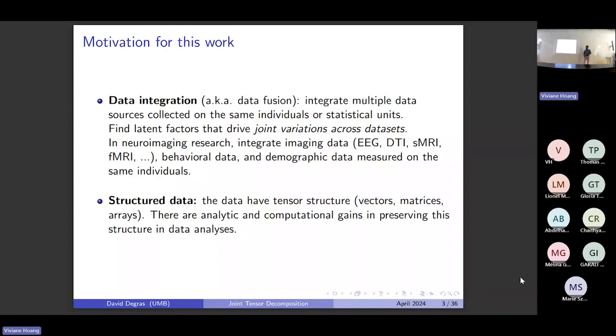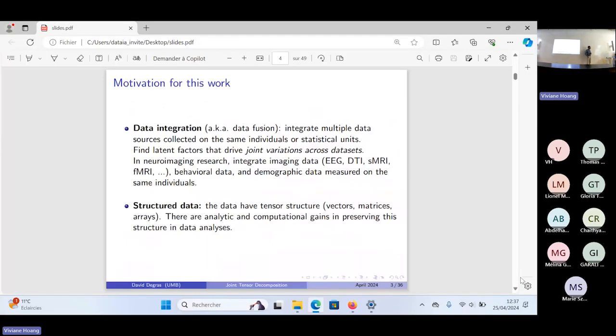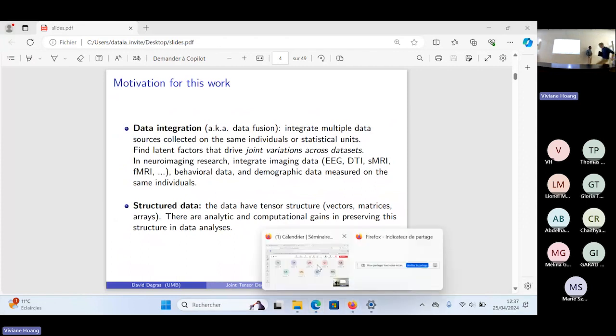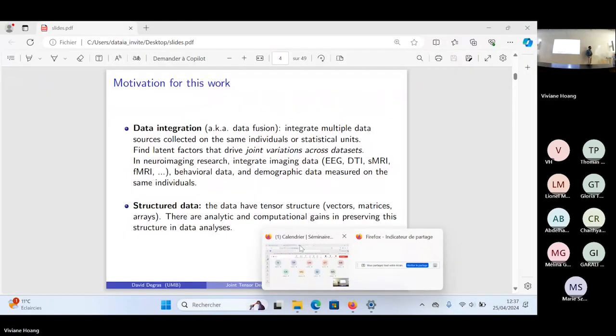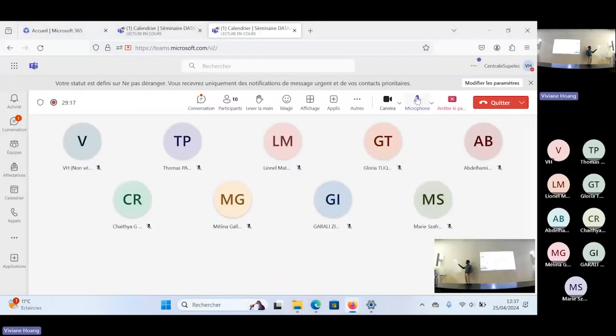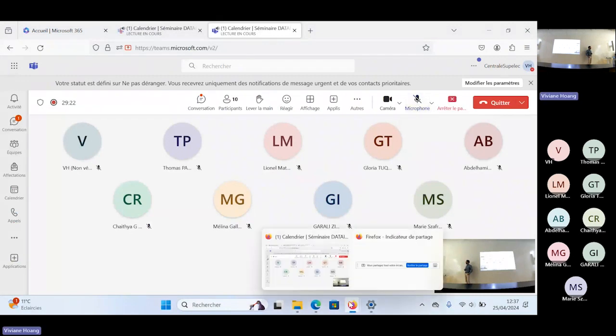It seems that there is a problem with the microphone, so I'm just double checking. Should I get it? No, it seems that two microphones are open.